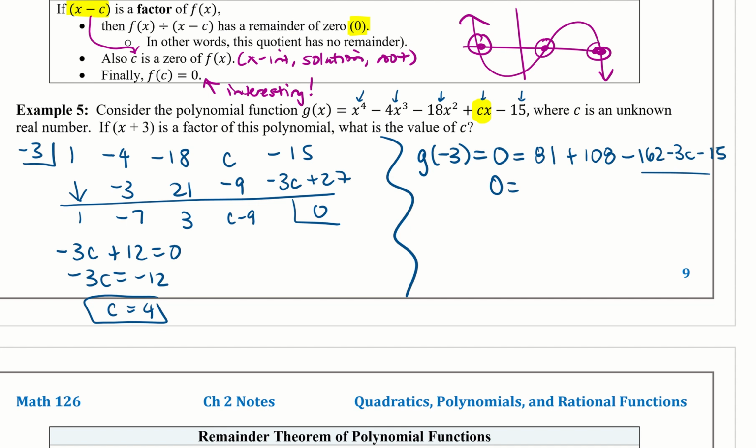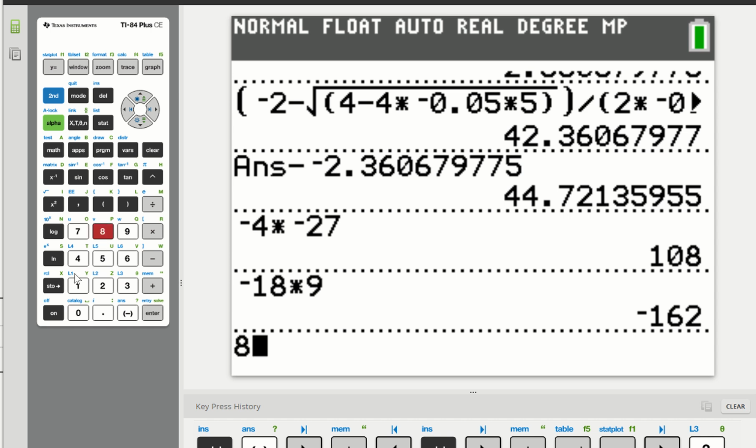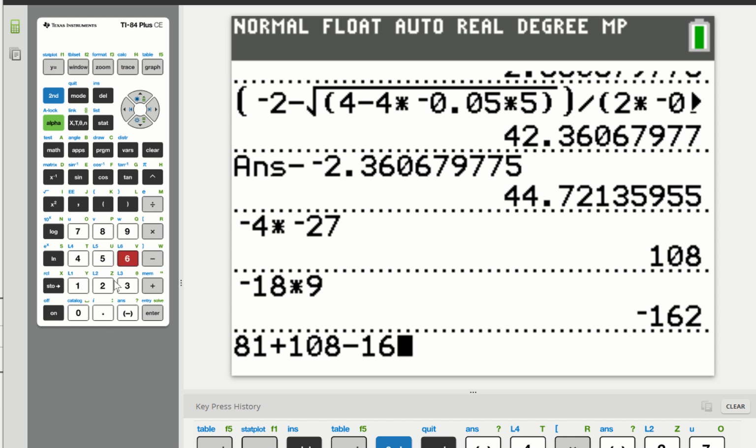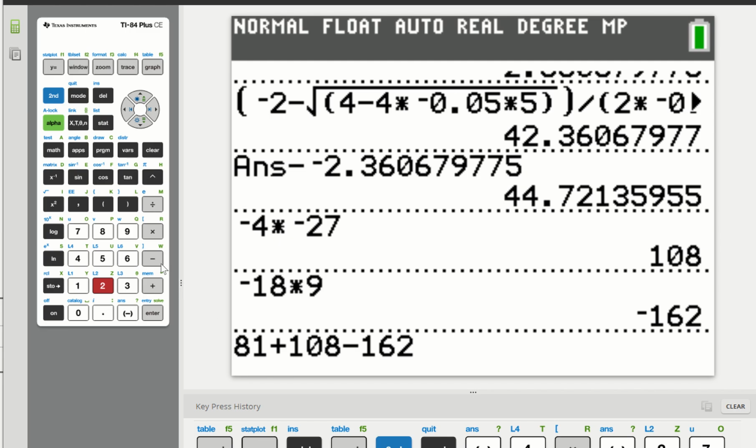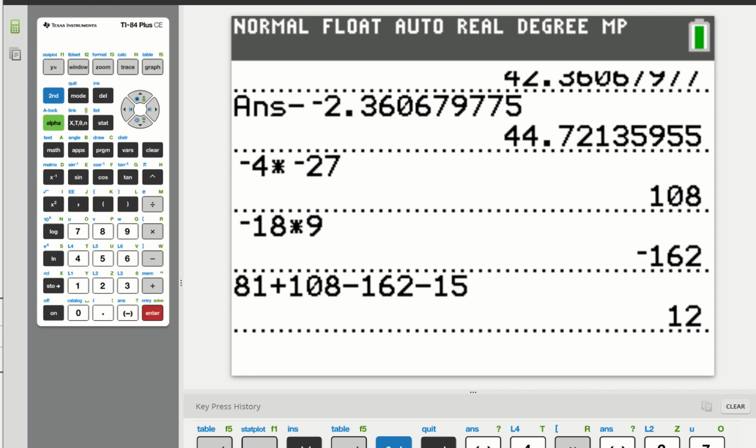So if I combine all the like terms, I have a whole bunch of constants. 81 plus 108, and then minus the 162. What else was there? And it looks like minus 15. So if I combine all those like terms, they combine to 12.